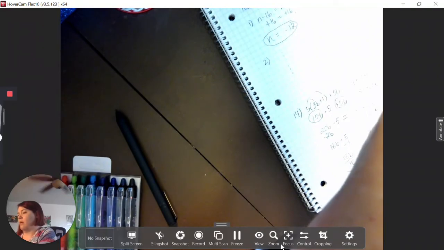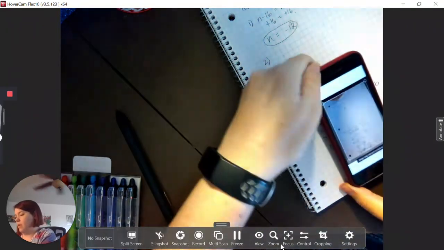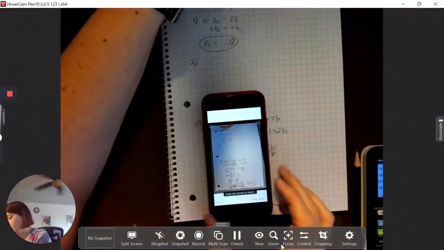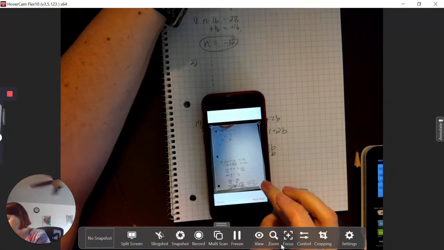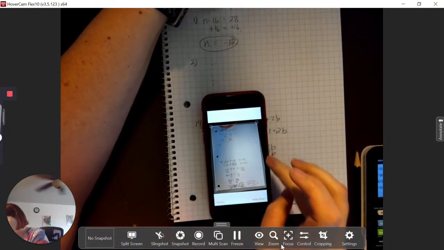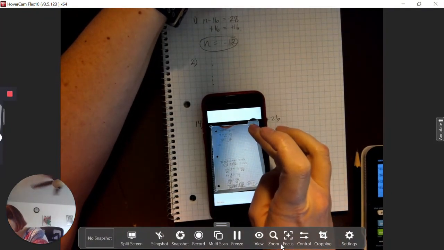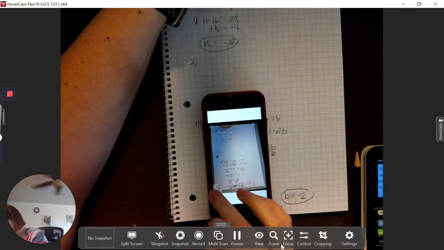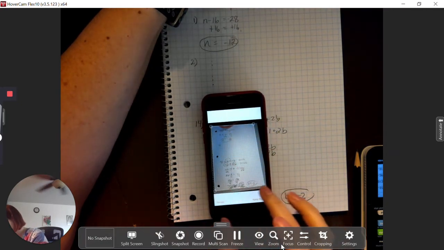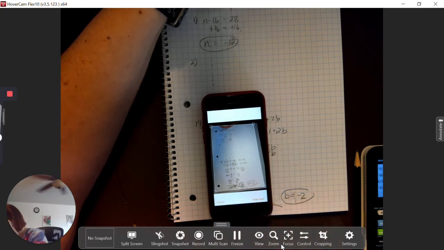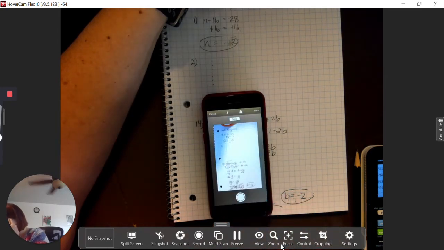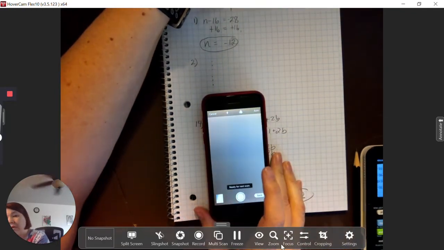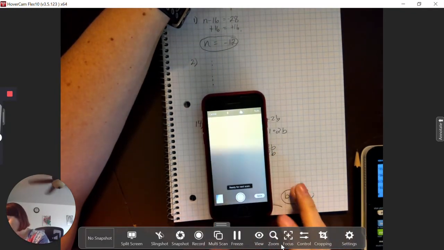Good enough. So now that I have it, I'm going to move in my corner so that it's straight. I'm going to use the graph paper to help me be straight. Okay, keep scan. And so there it is, and then now I can turn it in. So I'm going to hit save.